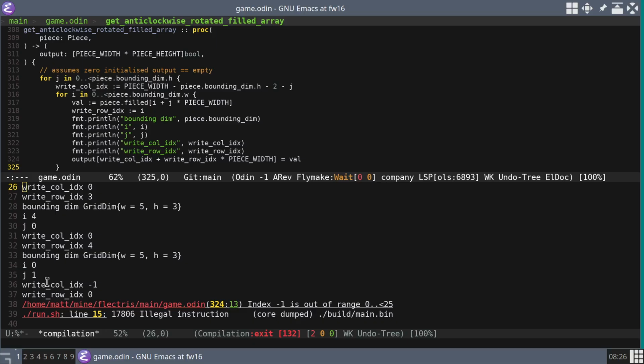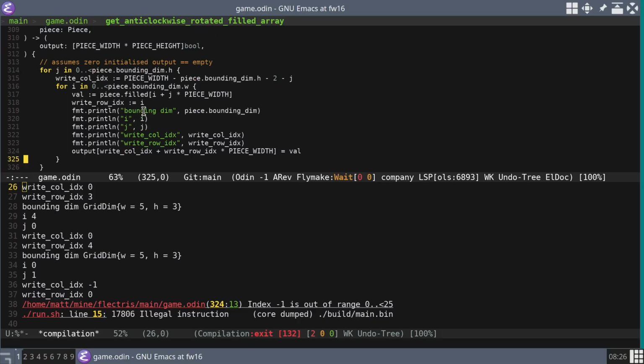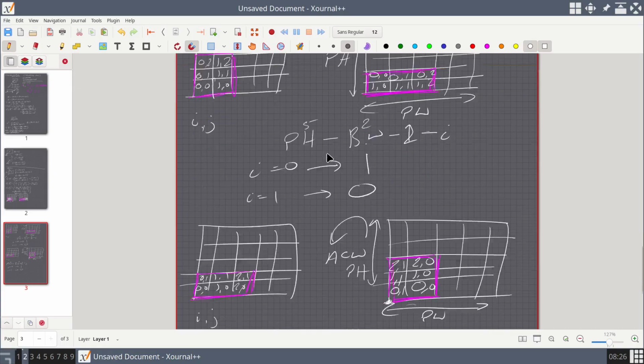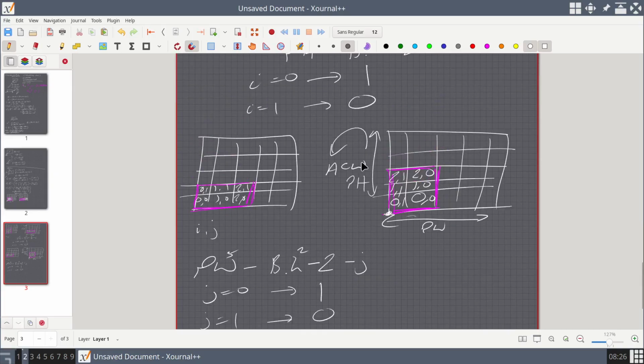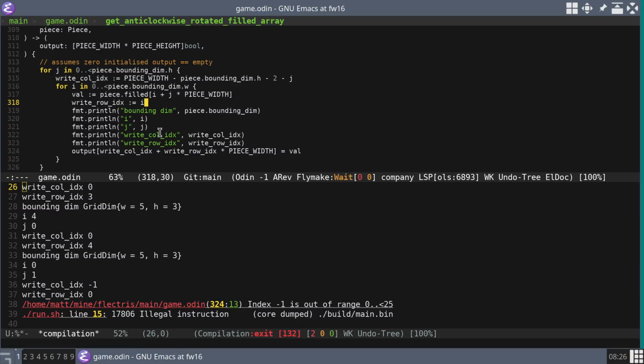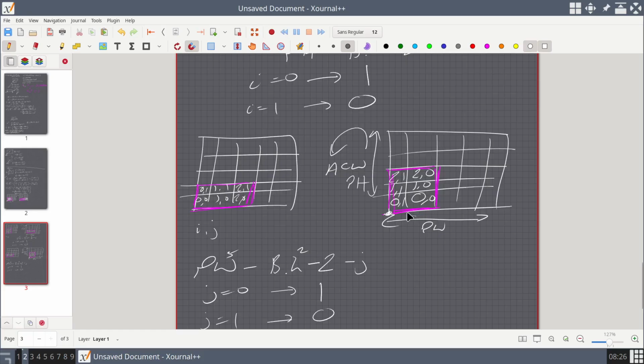So when j equals 1, right col index. So let's remind ourselves how this one's working. Right row index is our simple one in this case, because the right row index is just the i value. Our right col index, we're doing something similar where we're looking at the piece width, and it looks like that might be a mistake.